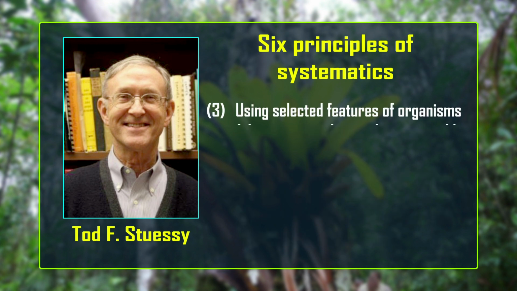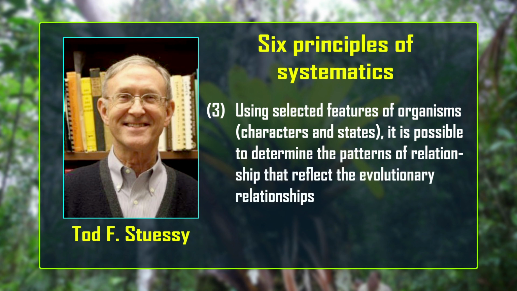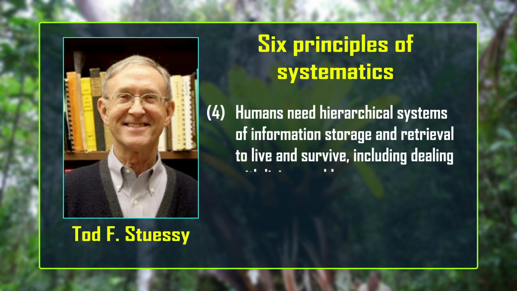The third principle, using selected features of organisms, that is characters and character states, it is possible to determine the patterns of relationships that reflect the evolutionary relationships. Fourth principle, humans need hierarchical systems of information storage and also information retrieval in order to live and survive, including our dealings with the living world.